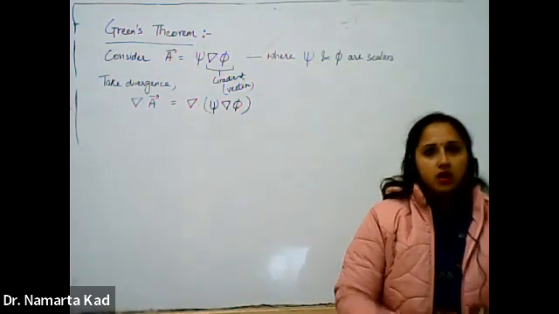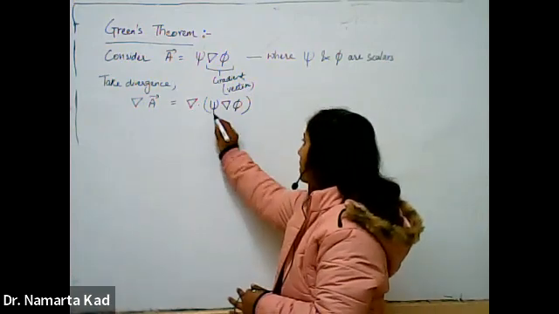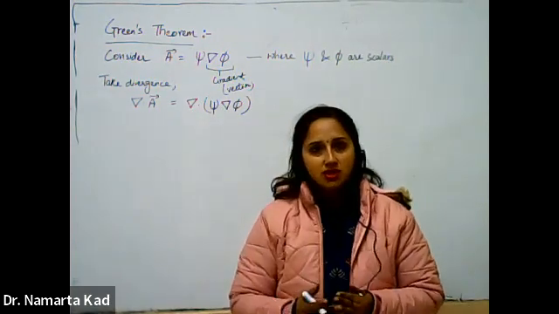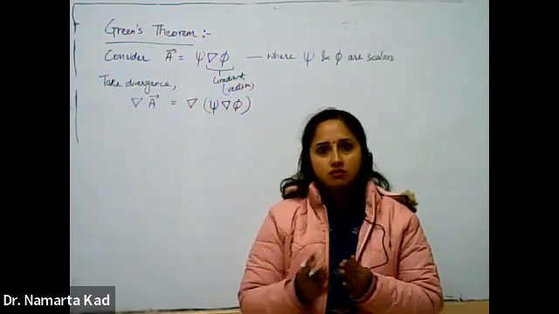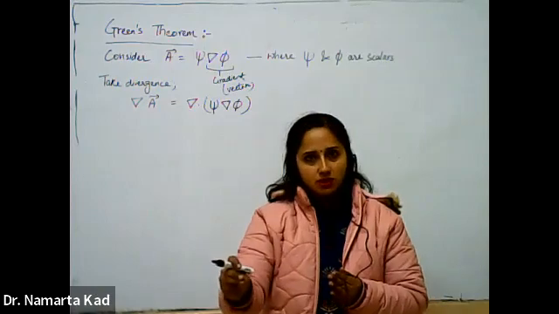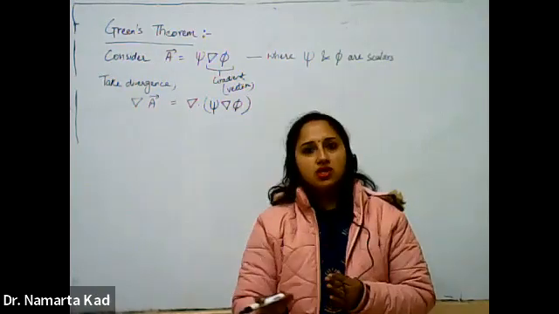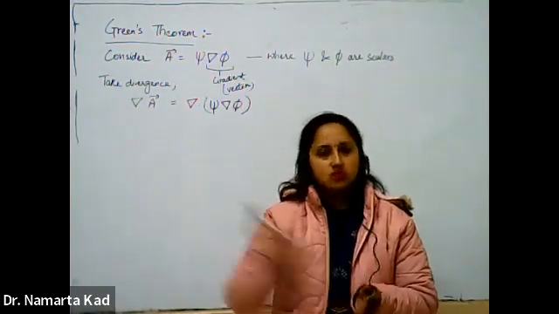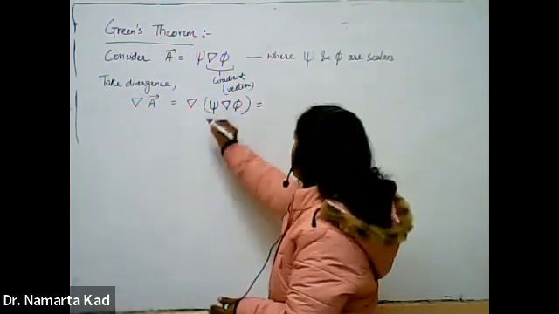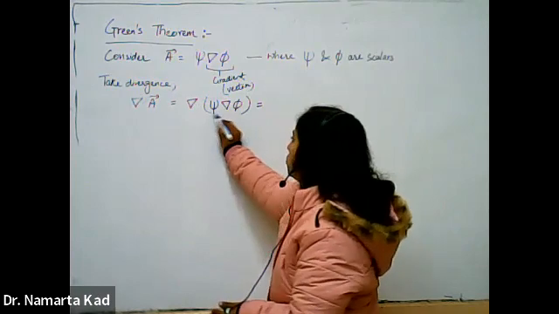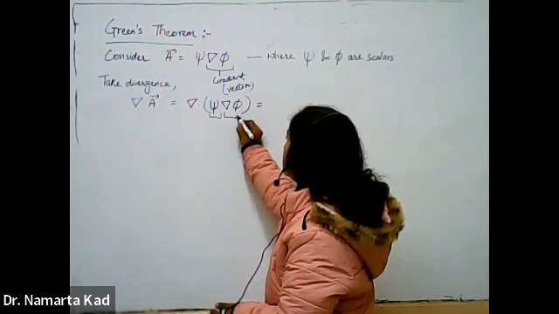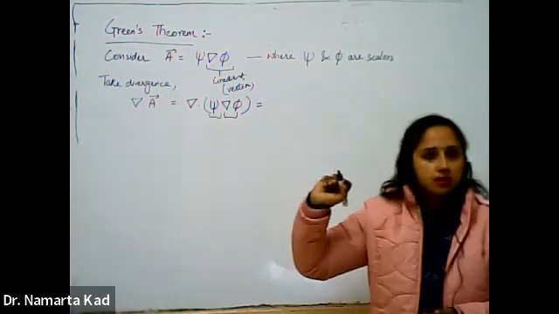Now just solve it like we have done in differentiation. If there are two terms, we differentiate the first, keeping the second as constant, and then differentiate the second, keeping the first as constant. In a similar way we are going to do the differentiation here. One term is this and the other term is this.